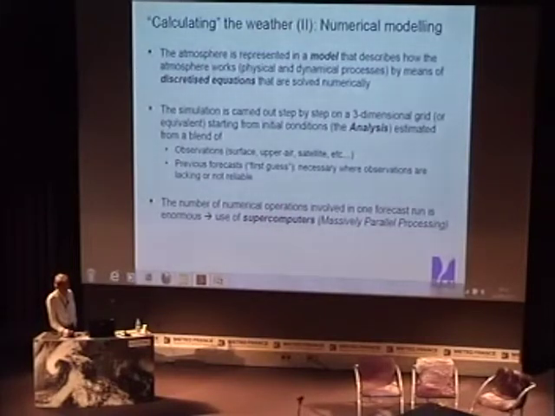And that simulation starts from initial conditions, which is called an analysis, which is estimated from observations, of course. Very important to have observations. It's a link to the real world. And previous forecasts that actually are very, very handy because the data coverage of observation is not homogeneous, and there are many places where those observations are lacking.